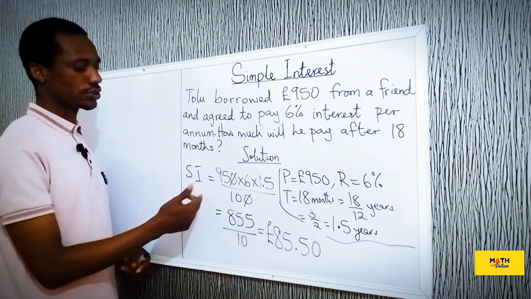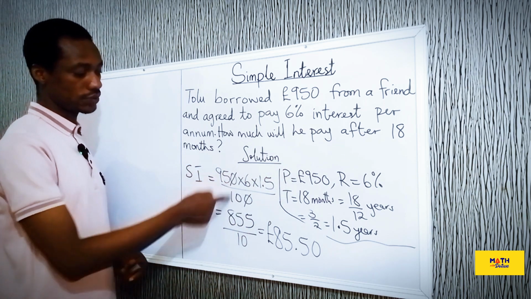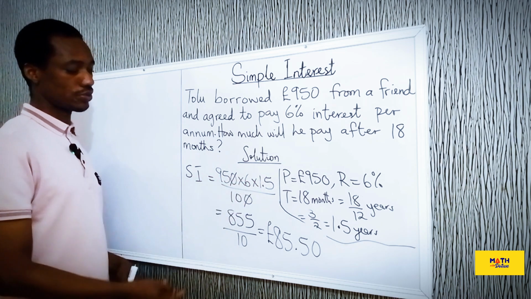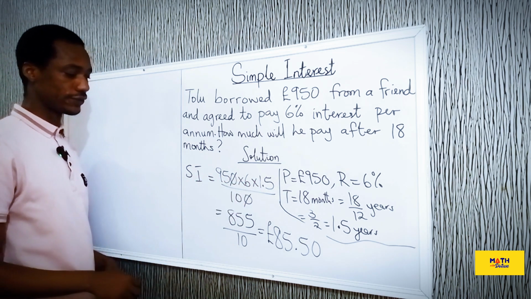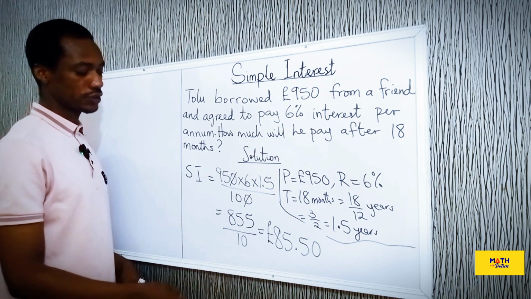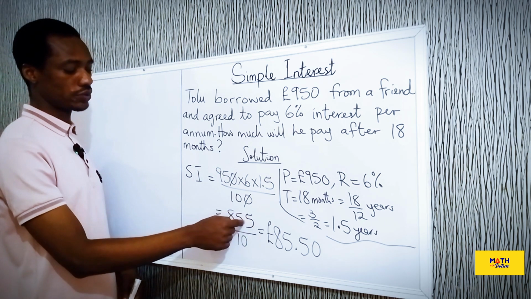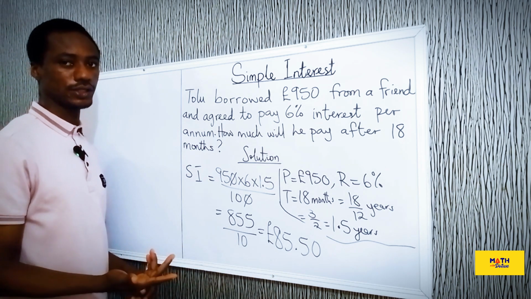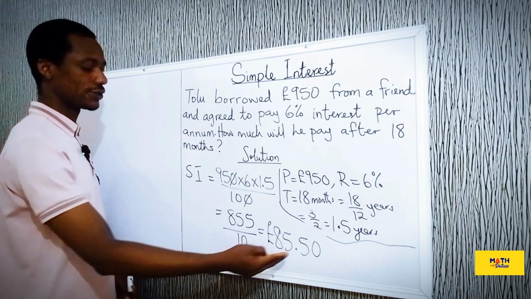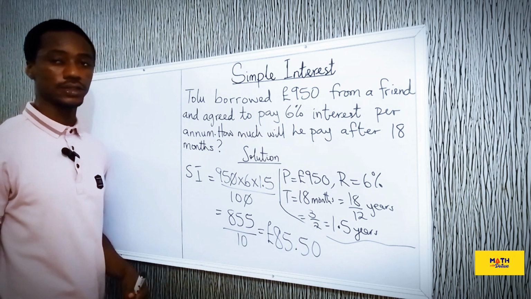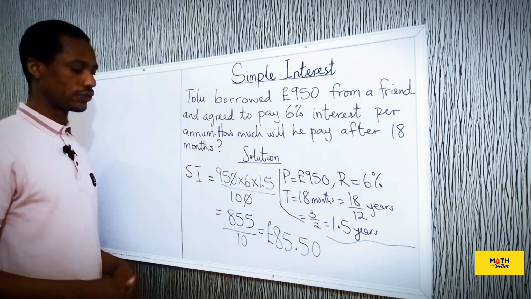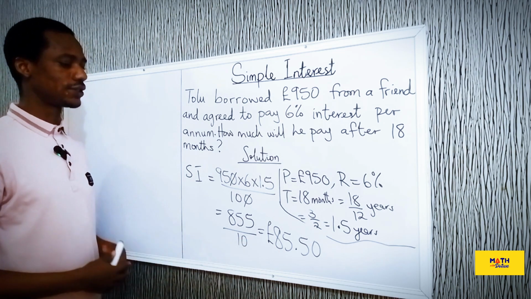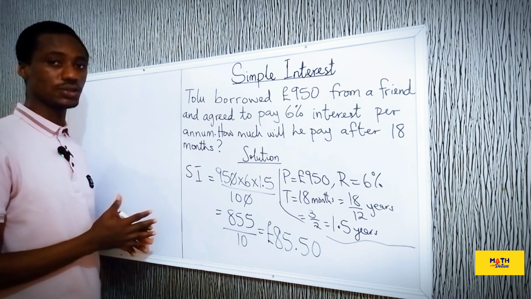You do your straight multiplication: take a 0 here and a 0 down, and then multiply 95 times 6 times 1.5. That gives you 855 over 10. With this 10, you move the point backward once, and you have 85.5. Since it's currency we are dealing with, it's good to make it 2 decimal places, so you add an extra 0. So you have £85.50, and this is the same answer we got when we used the fraction.